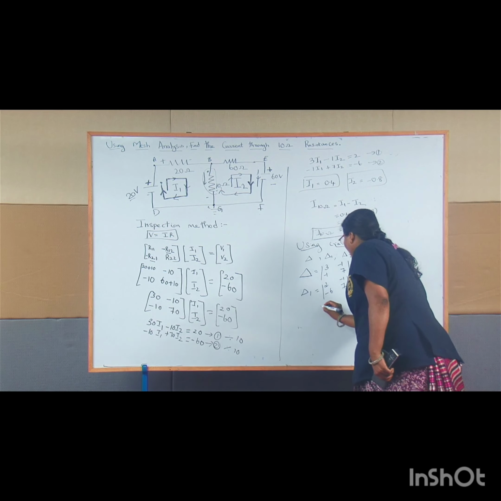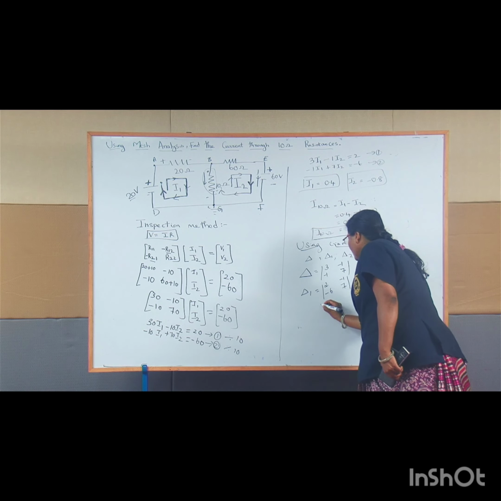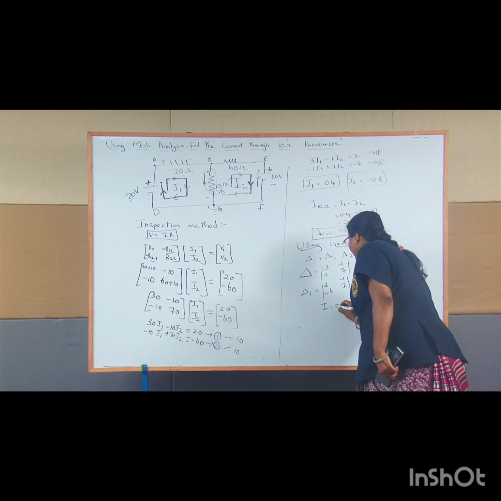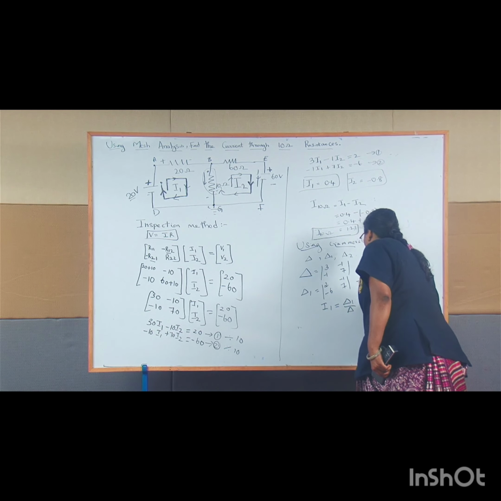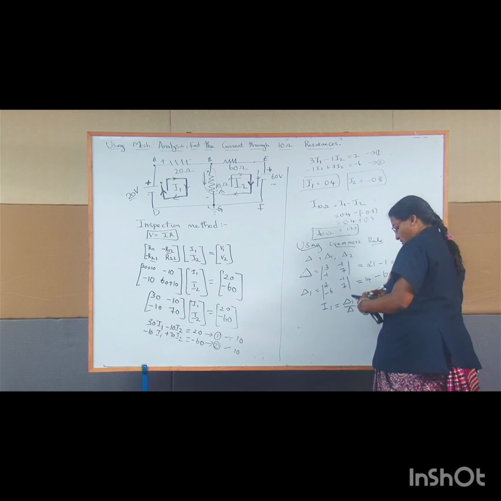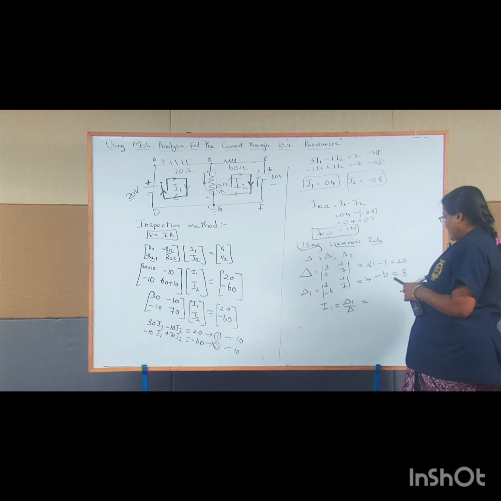So, using Cramer's rule, your I1 is nothing but del 1 divided by del. Del 1 is 8 and del is 20.